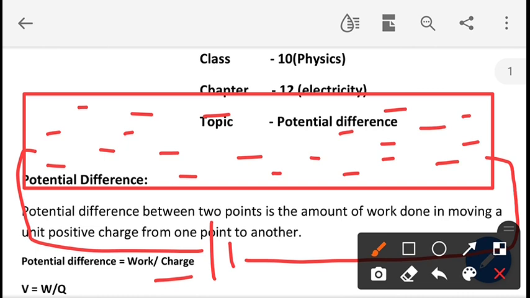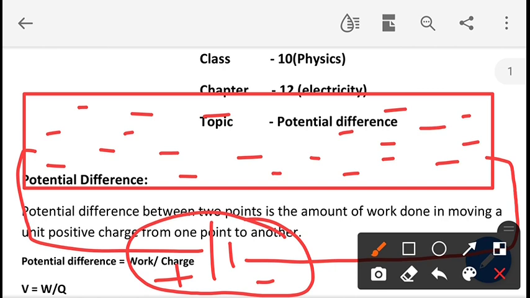Positive to negative terminal is the current direction, the conventional current direction, as I have explained. And this is the battery which is actually providing the potential difference.